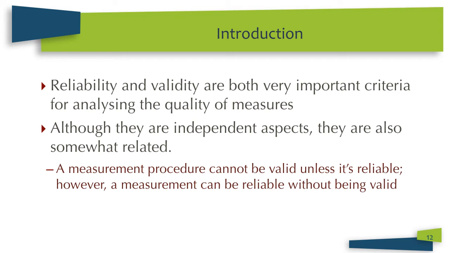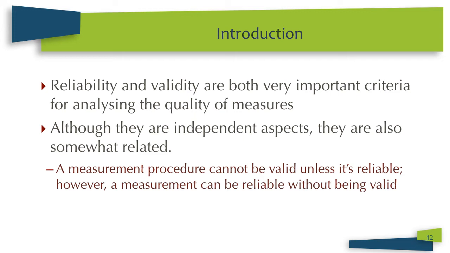Basically, they are both very independent, but they are pretty related as well. A measurement procedure or a questionnaire cannot be valid unless it is reliable, but it can actually be reliable without being valid.